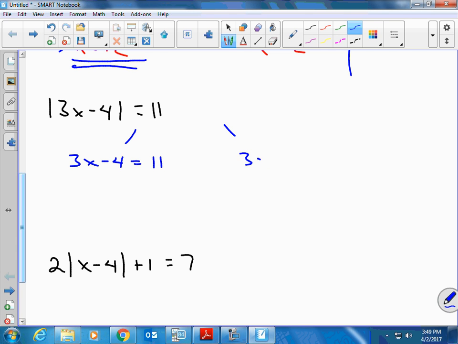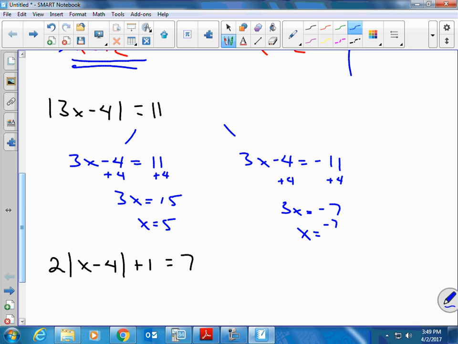I'm going to take the 3x minus 4 and set it equal to a negative 11. Solve them both. Add 4 to both sides. I get 3x equals 15. Divide by 3, and x is 5. Add 4 to both sides. 3x equals a negative 7. Divide by 3. X equals a negative 7 over 3.